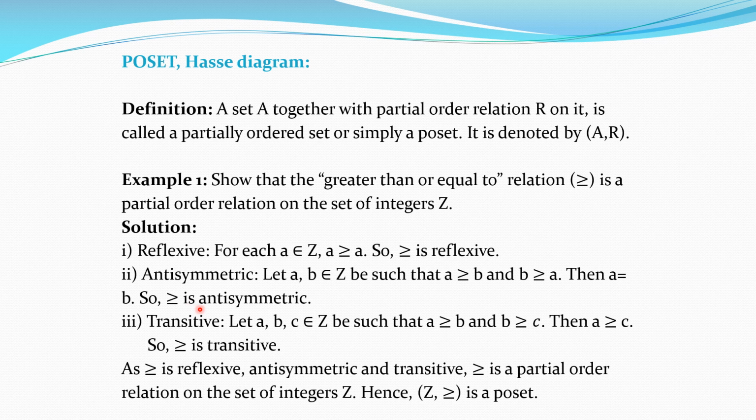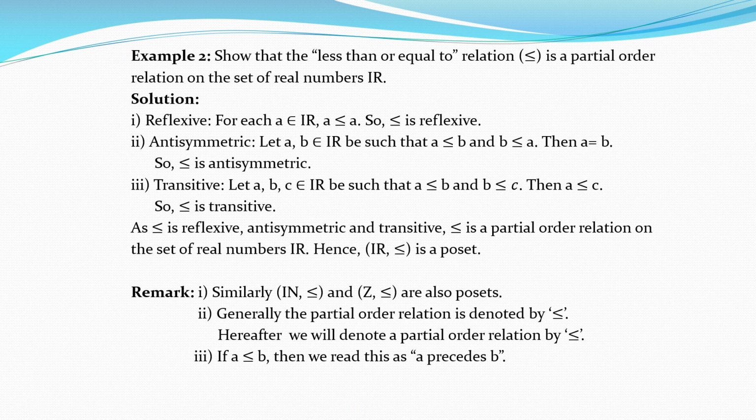So the relation is antisymmetric. Now for transitivity, we consider three elements a, b, c such that a is greater than or equal to b and b is greater than or equal to c. Then a is greater than or equal to c. That means a is related to c. So the relation is transitive. Now as the relation is reflexive, antisymmetric and transitive, it is a partial order relation on the set of integers Z, and hence Z together with the greater than or equal to relation is a POSET.